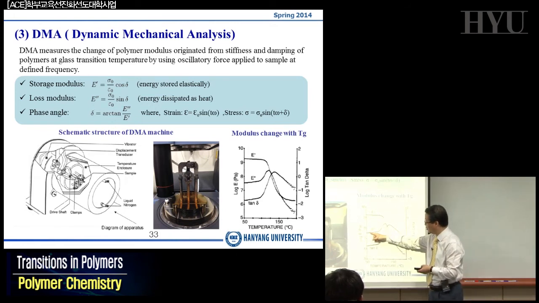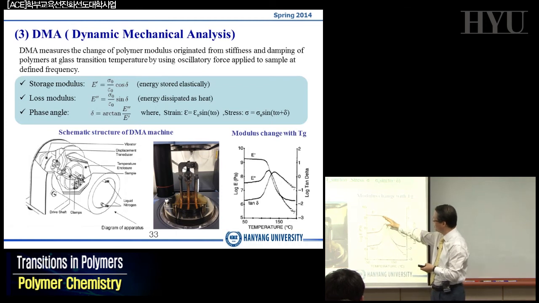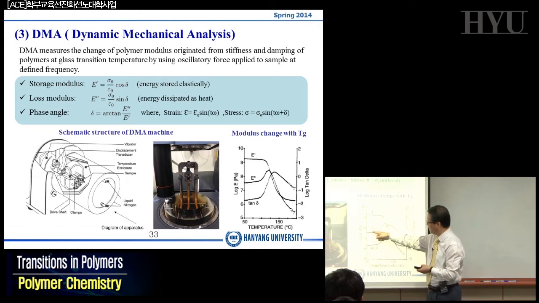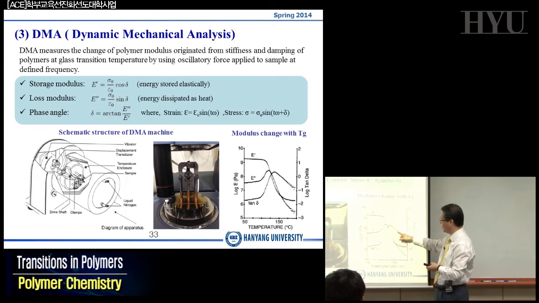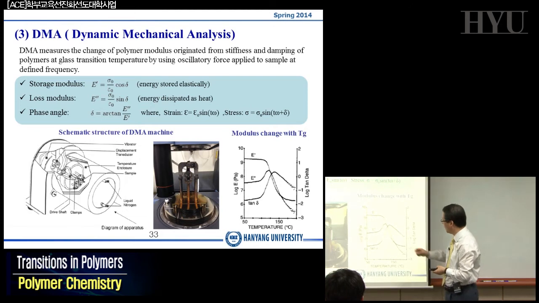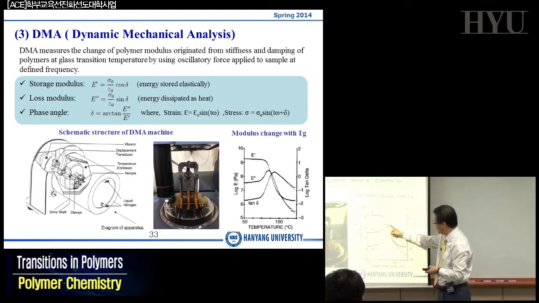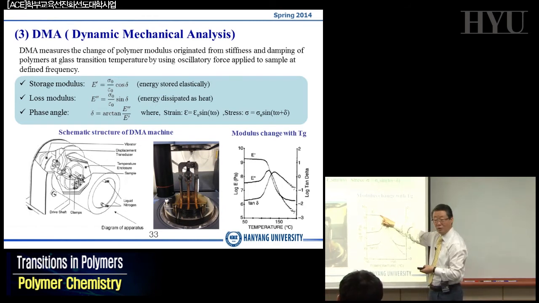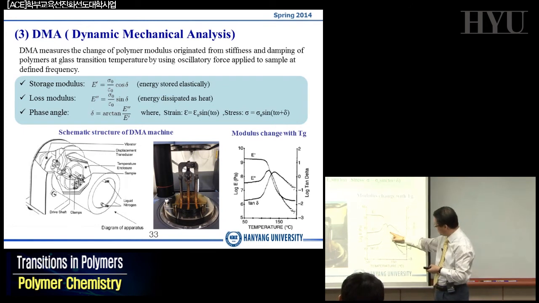However, the loss modulus behaves a little differently than the storage modulus, and the tan delta, the ratio of E double prime divided by E prime, is something like this, which is very similar to the derivative curve of your system. Now, the maximum point of the tan delta, or the midpoint between the high modulus and the low modulus, is almost the same, and this is regarded as the glass transition temperature.